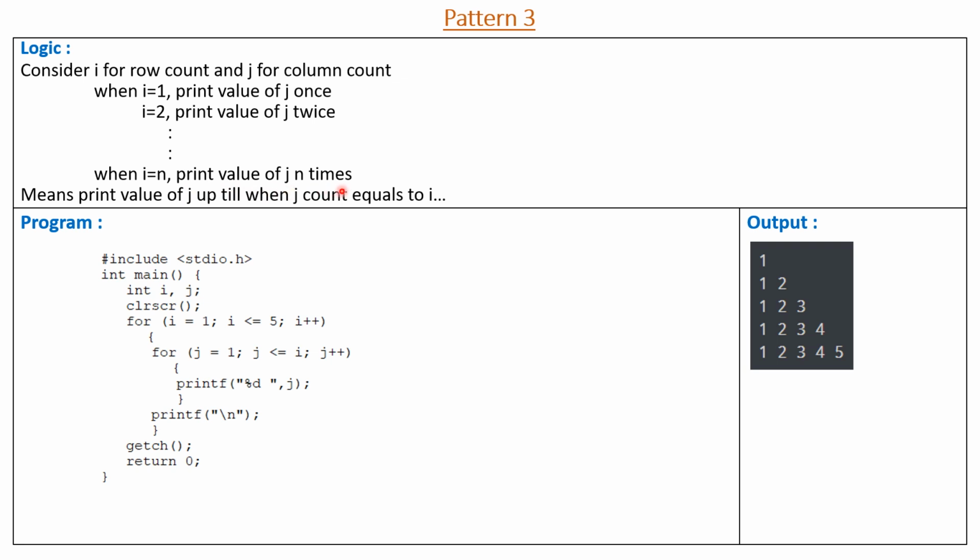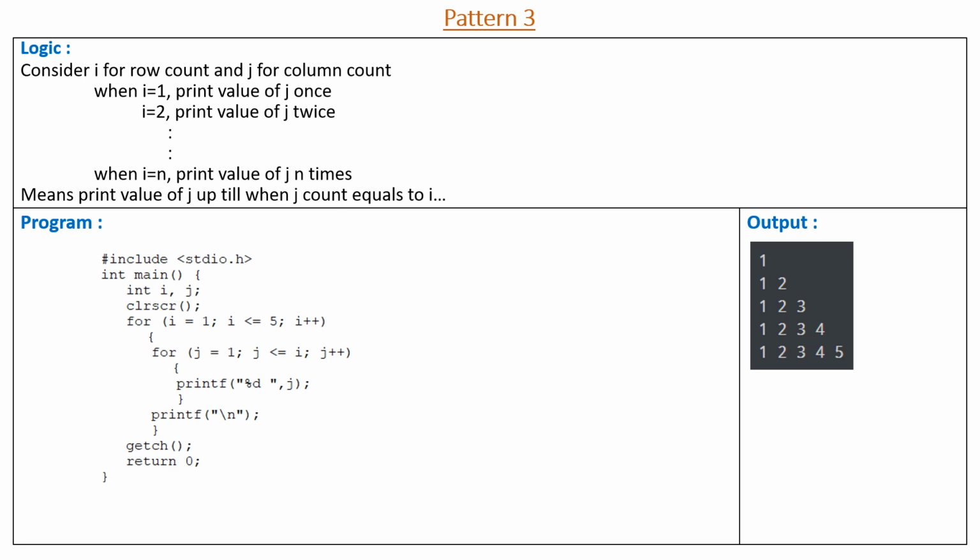Instead of printing the star I have printed the j value, which is the value of this inner for loop. For the first row I have to print only one number. So I have written here the condition j less than or equal to i, and simply printed %d j, the value of j. By executing this program we will get the output in this form.